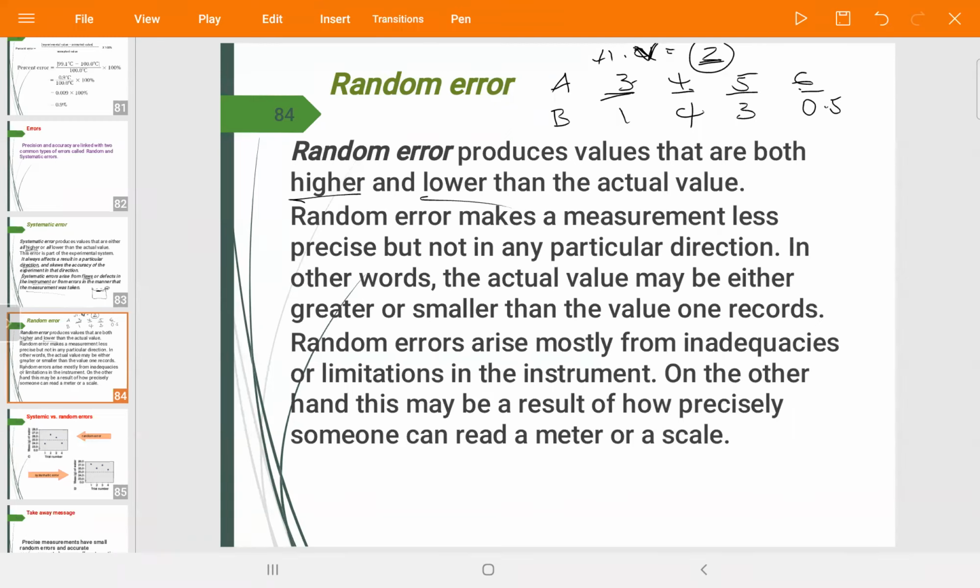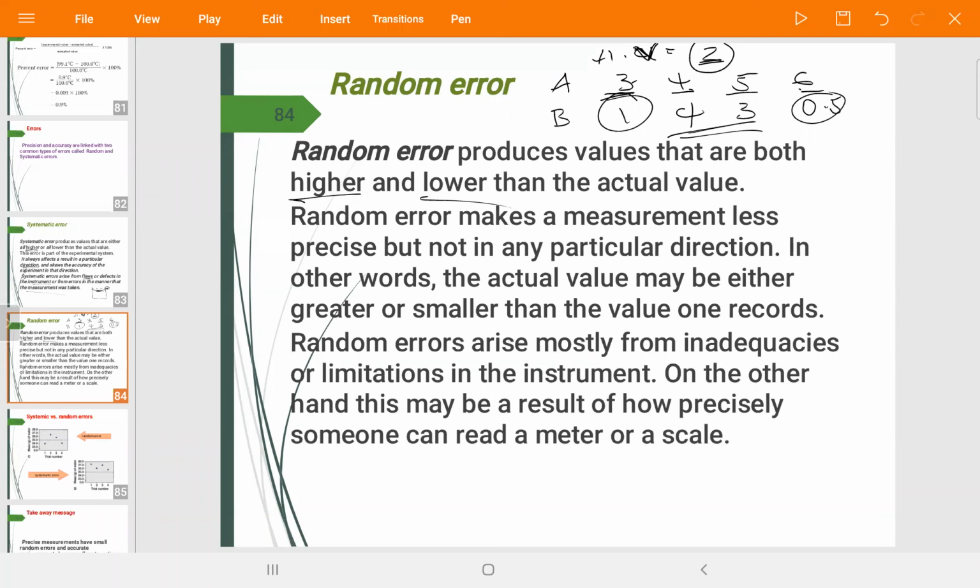In case B, it will be random error, because these values lie on both sides of the accepted value. Some of the values are higher than the accepted value and the other two are lower.